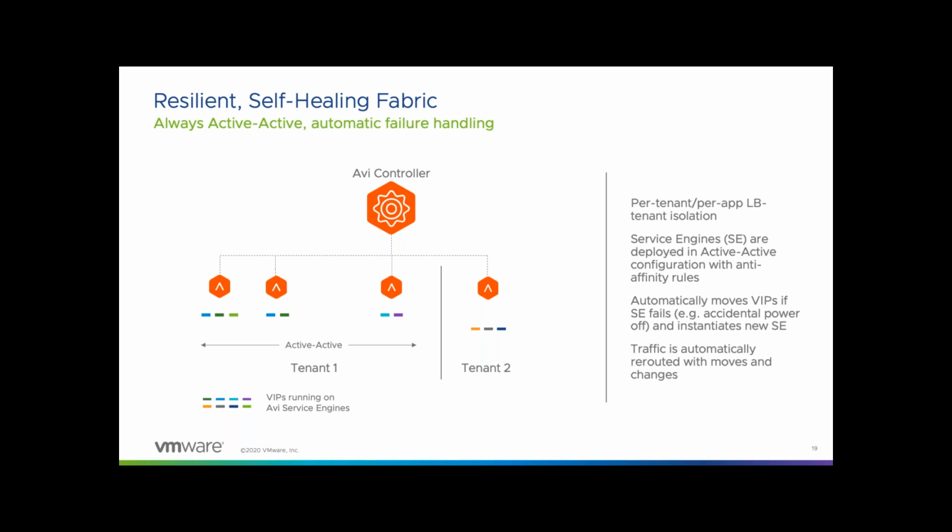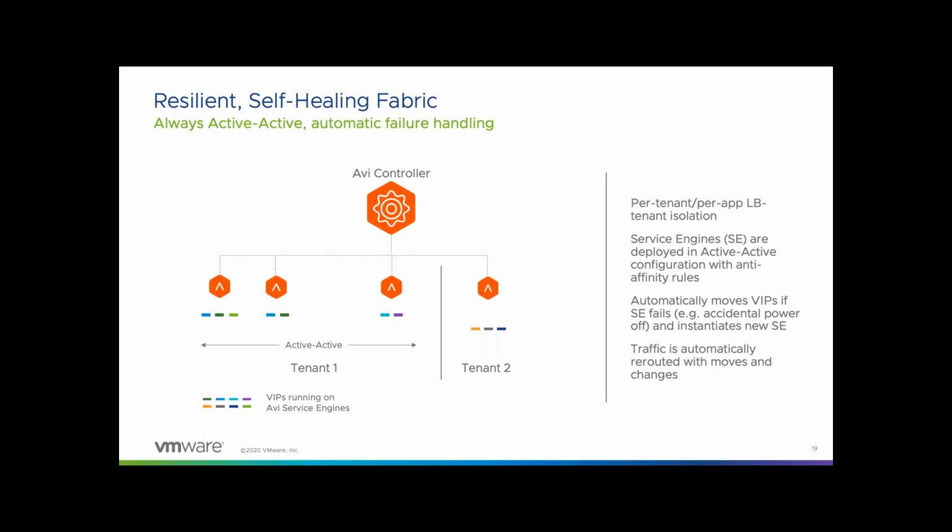Avi controller will automatically move the applications to existing service engines and also create additional service engines if required, and also rebalance the applications if there is a need for that.